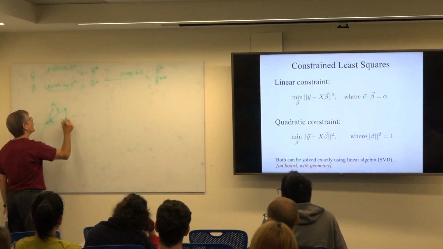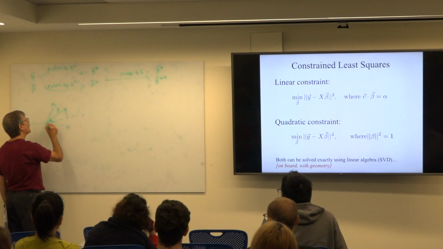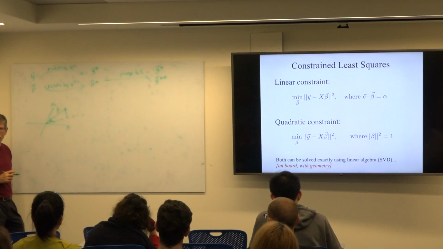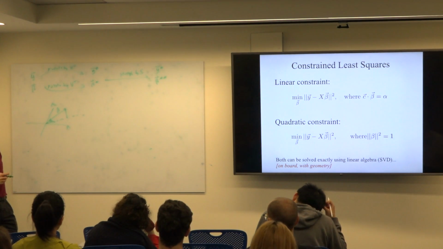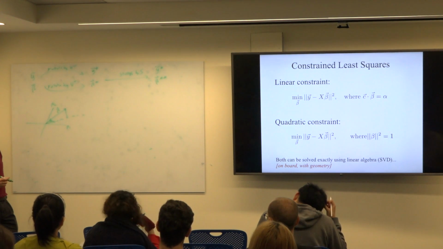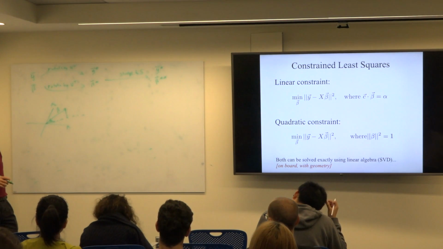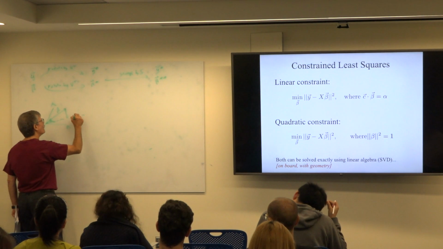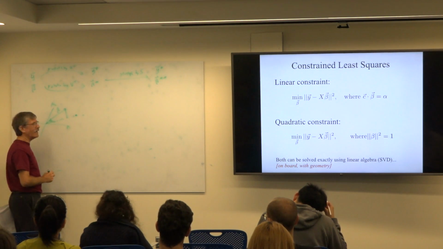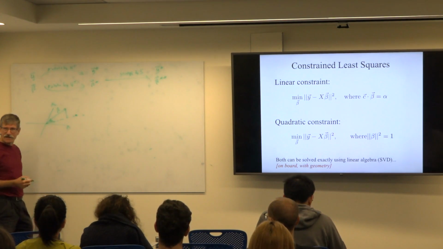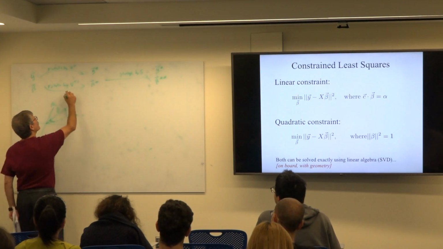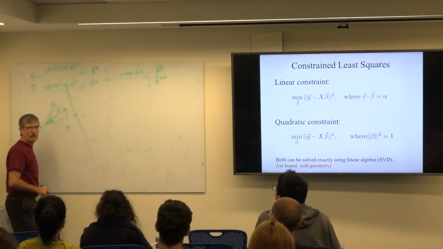Okay, so here's beta onto C. So this length here is beta dot UC. And suppose I want beta dot UC to be a constant number, alpha prime. So then I pick an alpha prime, let's say that is out to here, and what's the set of betas such that the projection is alpha prime? It's all the betas that lie on this line.